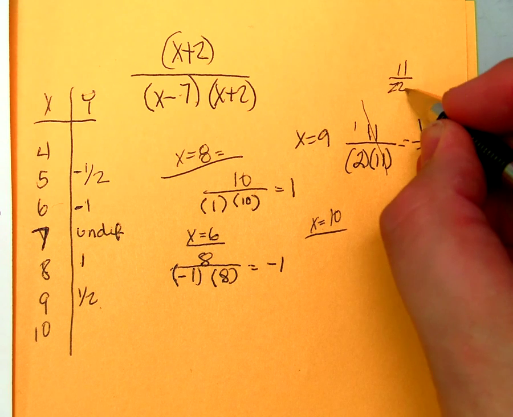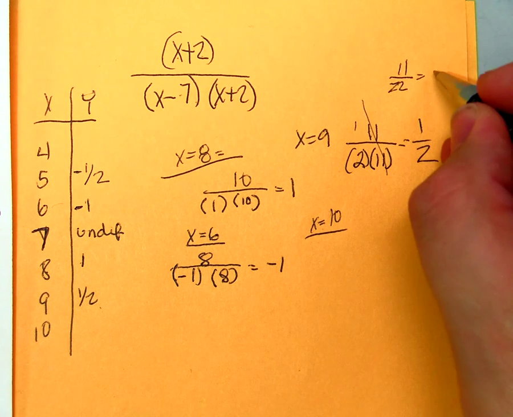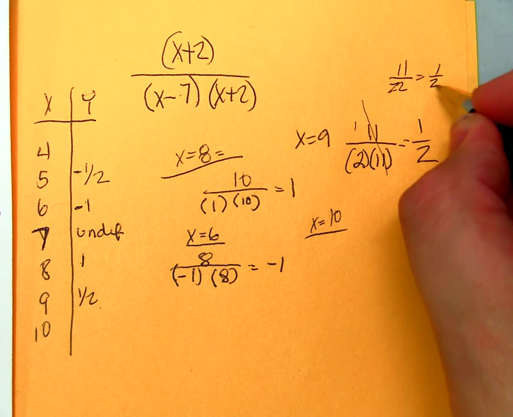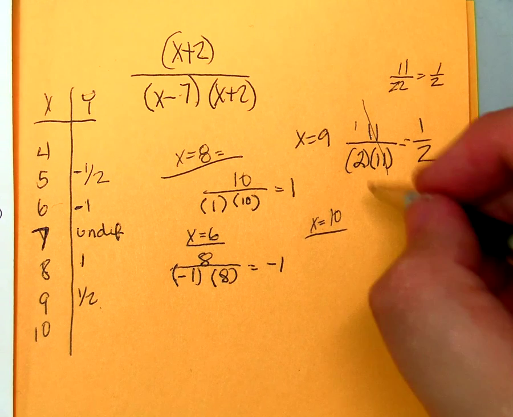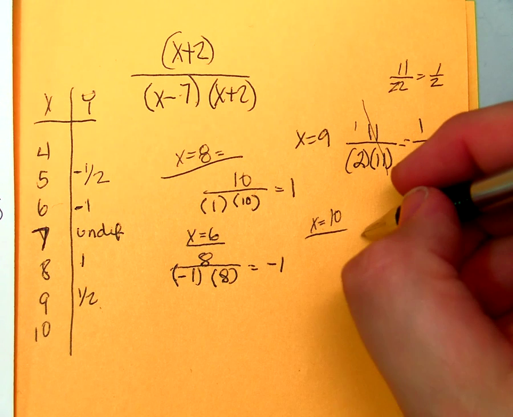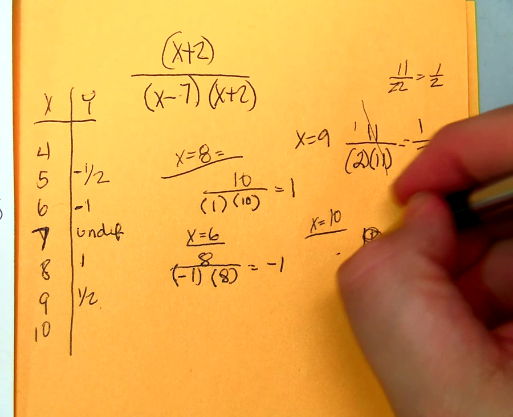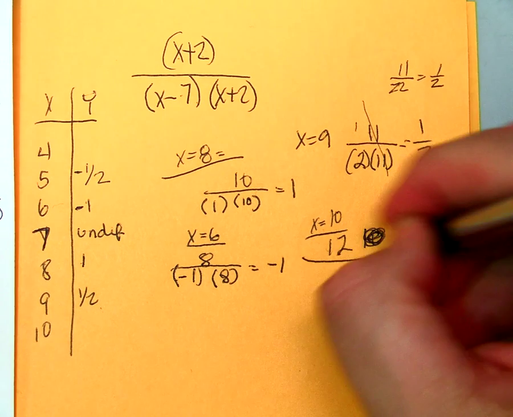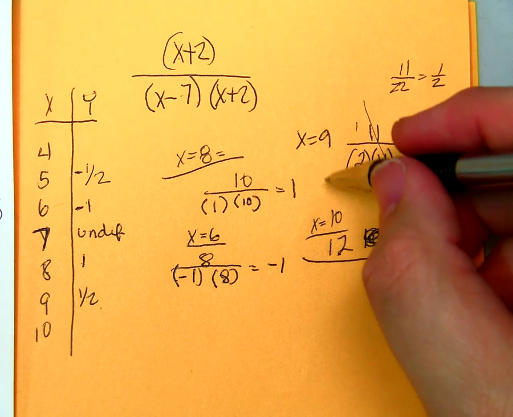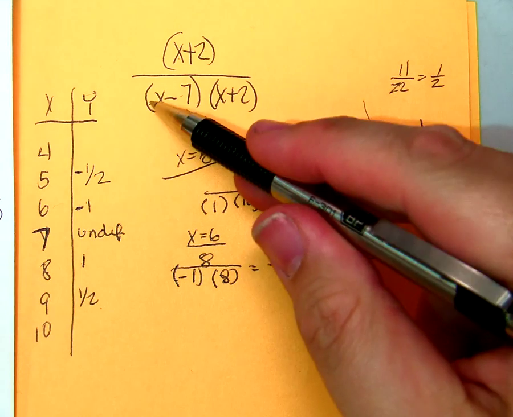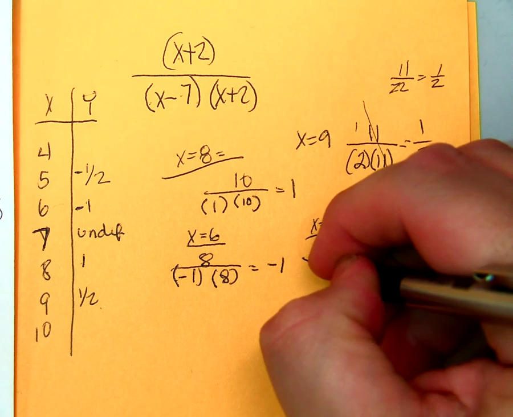So if x equals 10, in the numerator you get a 12. Now what's 10 minus 7? 3.